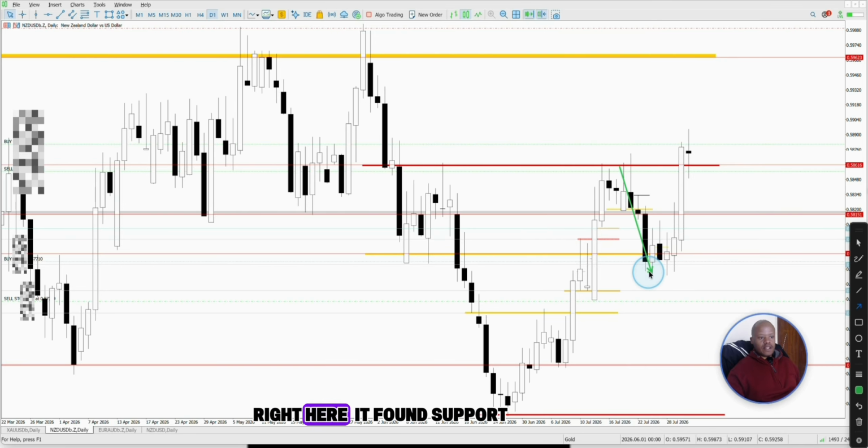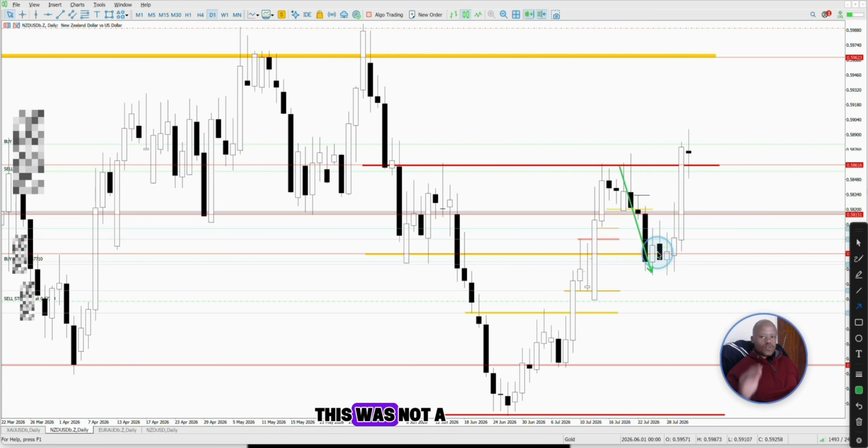However, right here, it found support. This was not a surprise at all. This is actually what I was expecting, if you remember what I mentioned in the previous videos. I mentioned that the market was likely to find support right here.